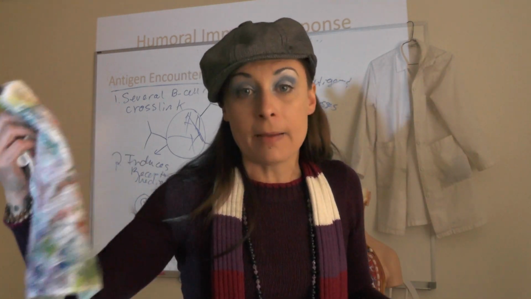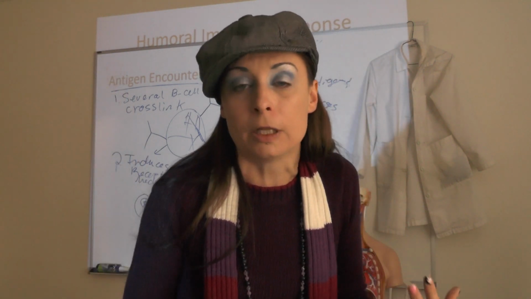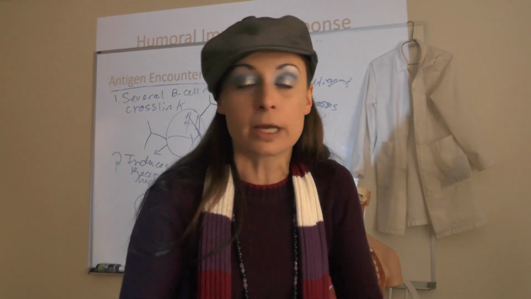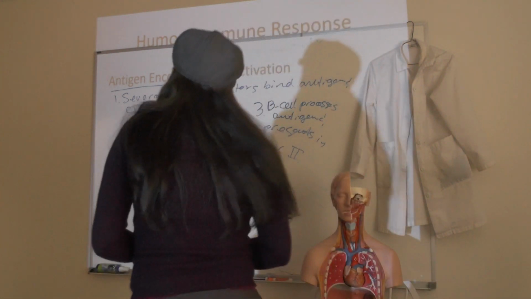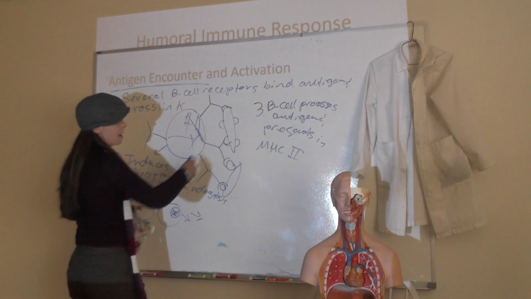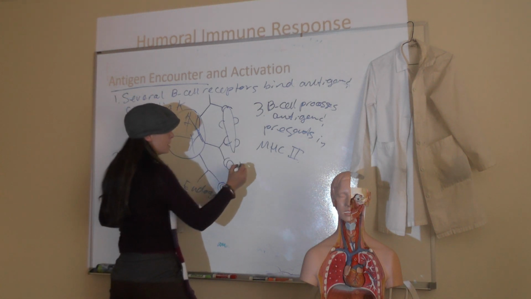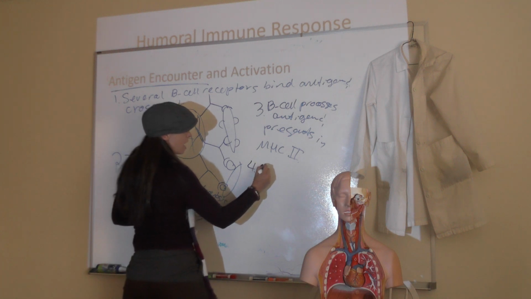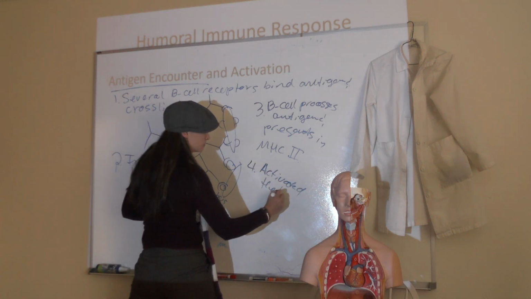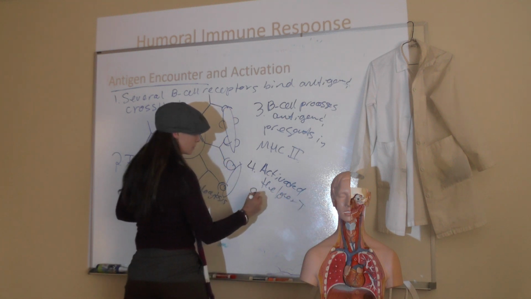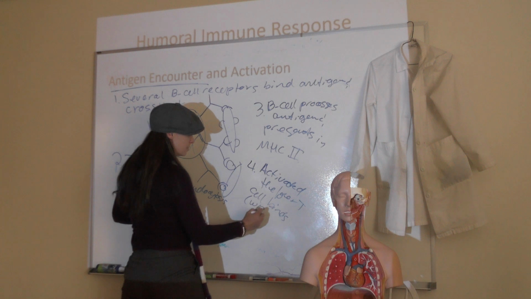An activated T helper cell to blue bacteria can come along, and now we'll bind our interleukins, and now we can become activated to form a clone of effector cells. So our third step is that our B cell processes the antigen and presents it in MHC2. Next, we could say our activated helper T cell binds, and then we'll put in parentheses with it CD4.